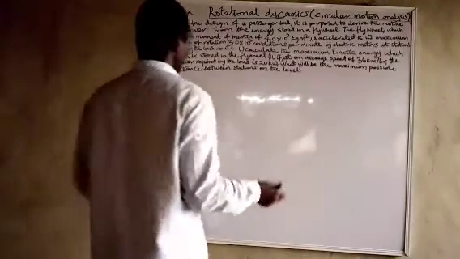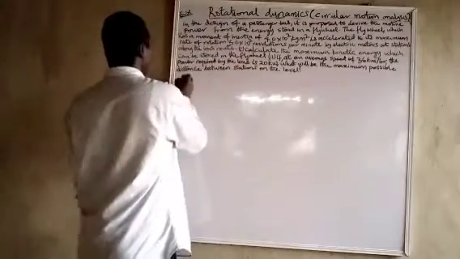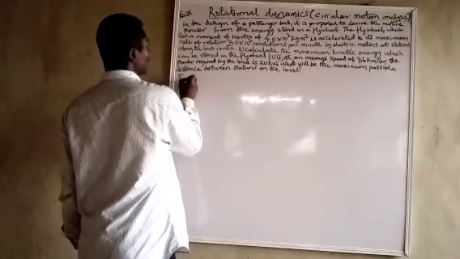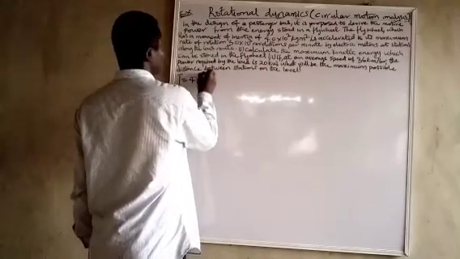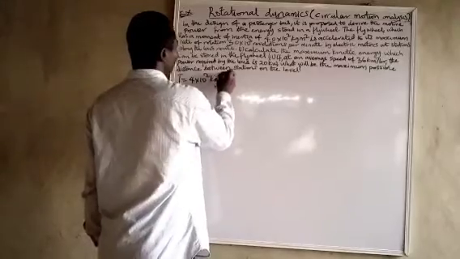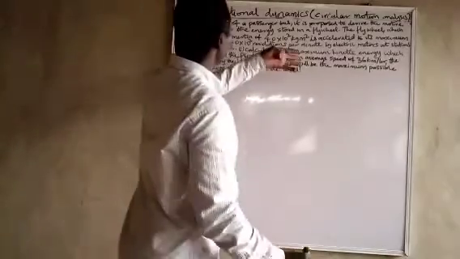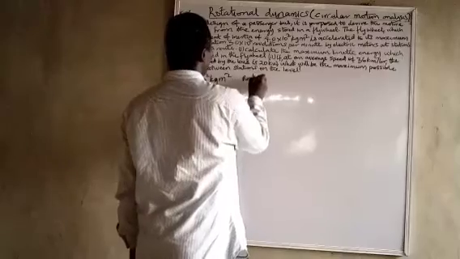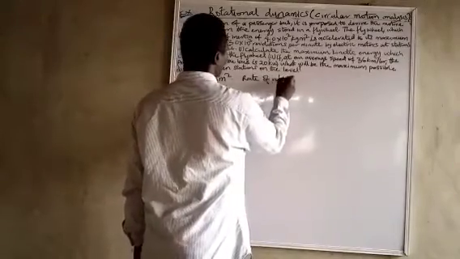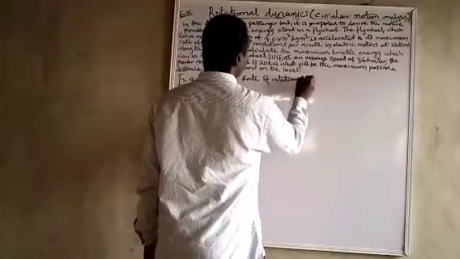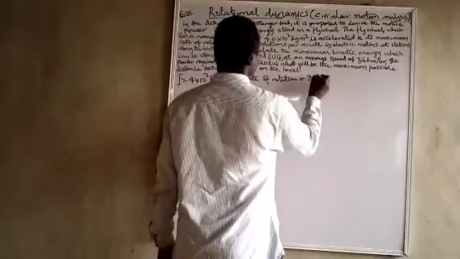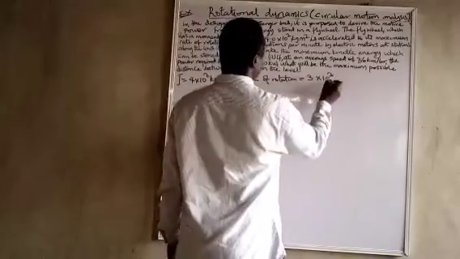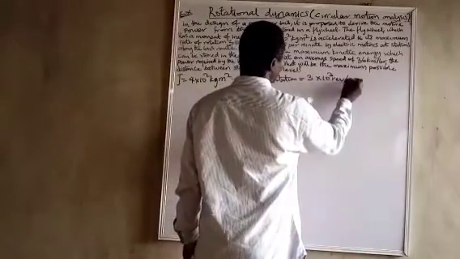So, we know that the moment of inertia of the flywheel is equal to 4 times 10 to the power 2 kilogram meter square. And we know that the maximum rate of rotation of the flywheel is equal to 3 times 10 to the power 3 revolutions per minute.